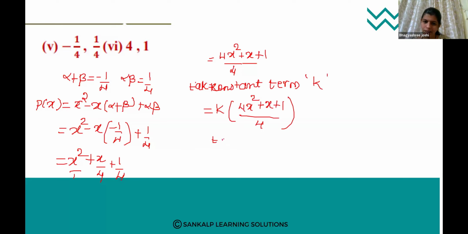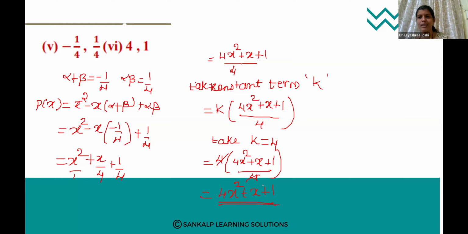Next, what should we take k as? Now I will take k is equal to 4. Why? 4 and 4 will get cancelled. So 4 into 4x square plus x plus 1 divided by 4. 4 and 4 will get cancelled. Finally, what you will get? 4x square plus x plus 1. Now, this is our required polynomial.